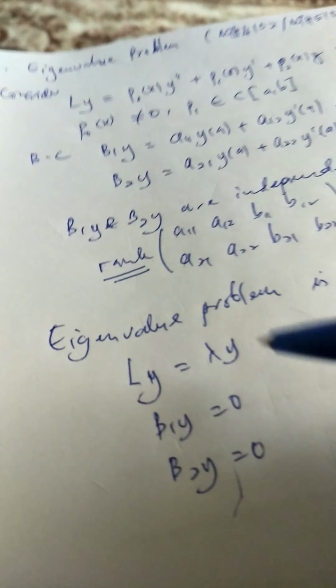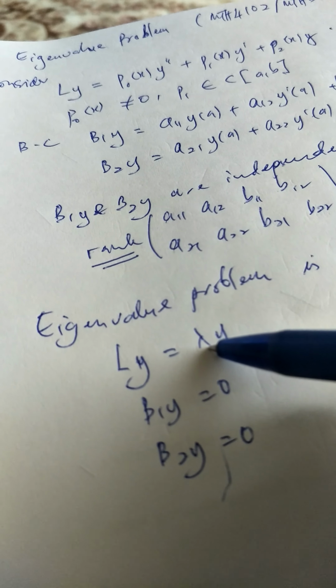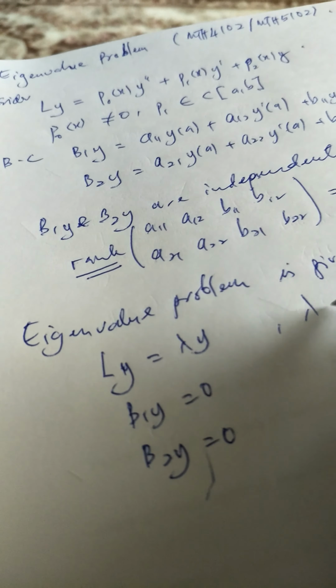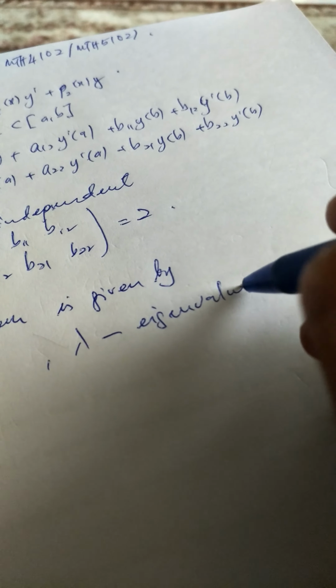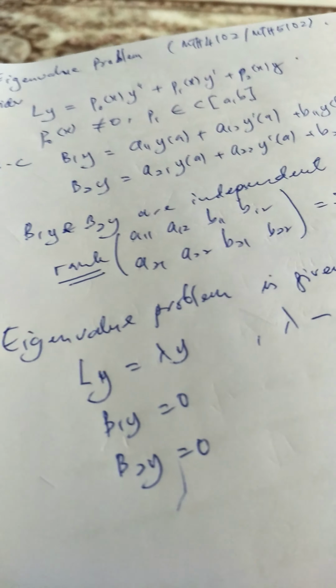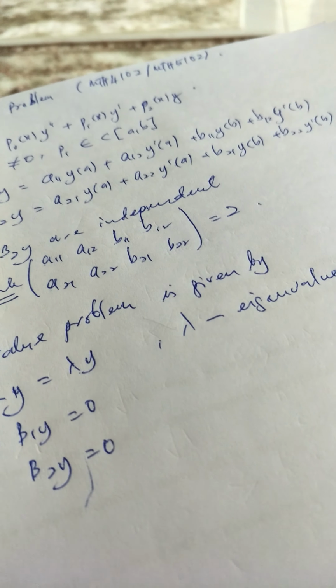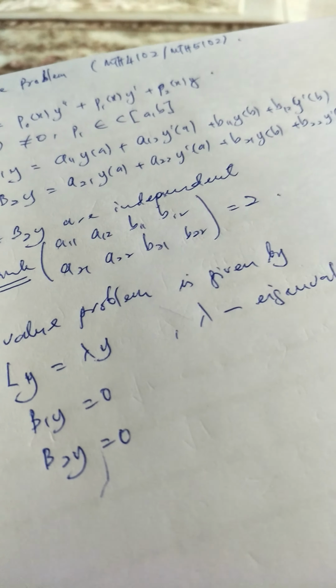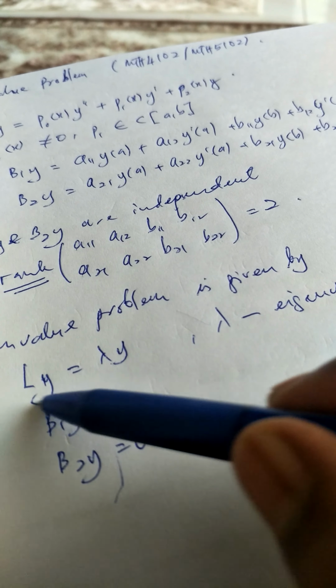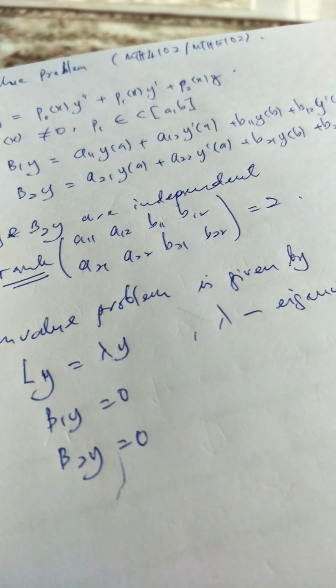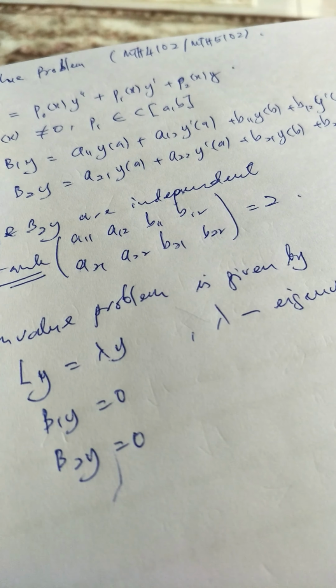In this case, lambda we call an eigenvalue. The purpose now is to find what lambda is. Then we plug it into the general solution of that equation, and that will give you the eigenfunction.